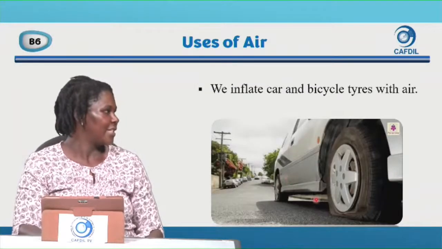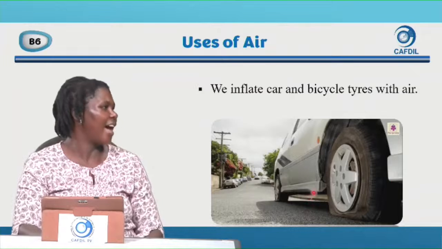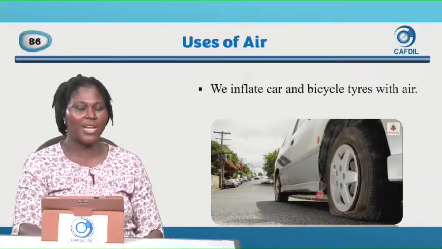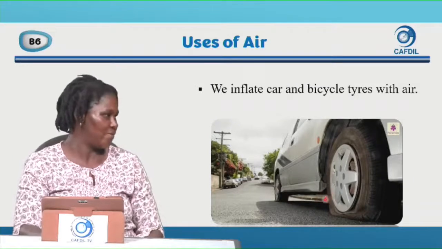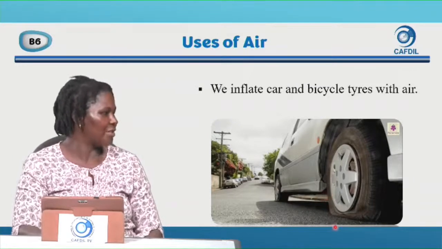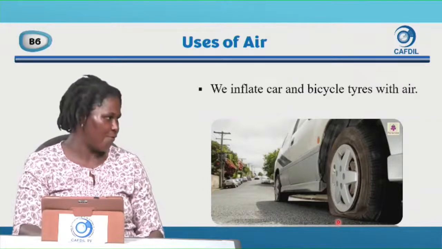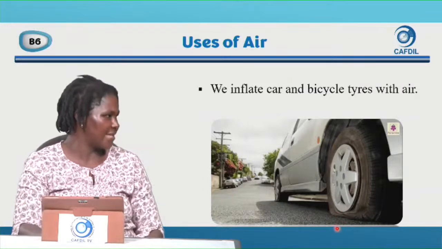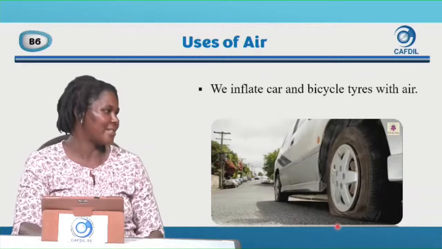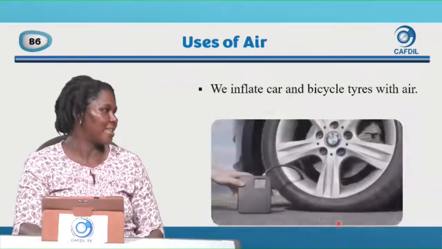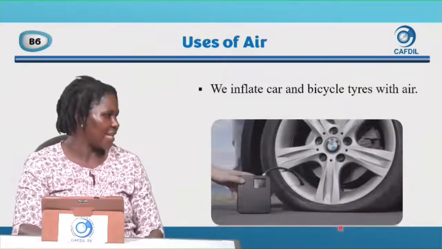Good. Now we inflate car and bicycle tires with air. Without the air, it cannot move. Air should be filled in it before it can move. So let's look at it.